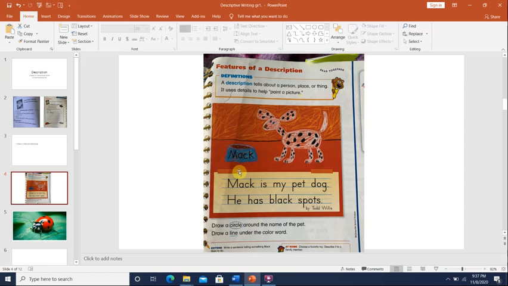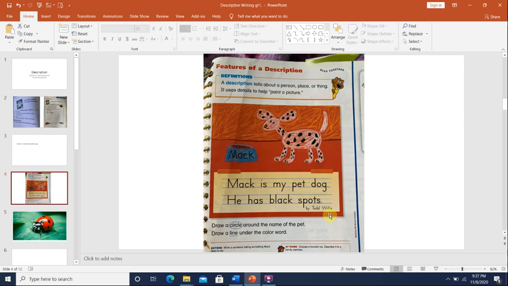So here is a person who is describing his or her pet. Mac is my pet dog. He has black spots. By Todd Willis. By and the name here means the person who wrote this, his name is Todd Willis.